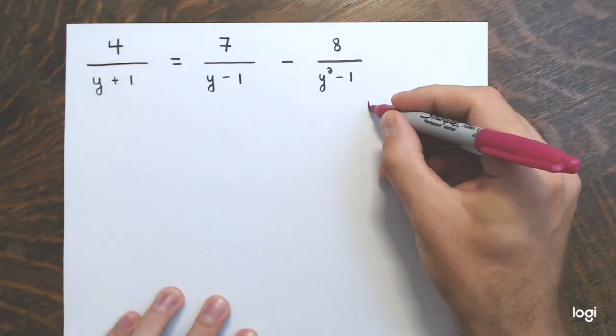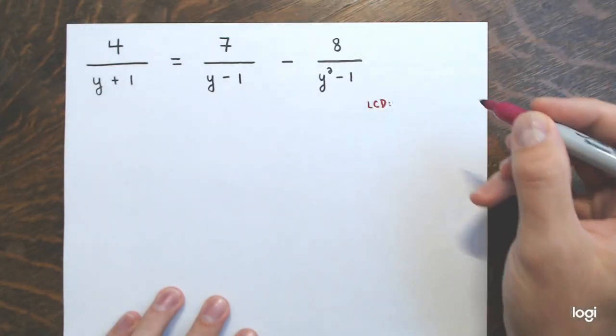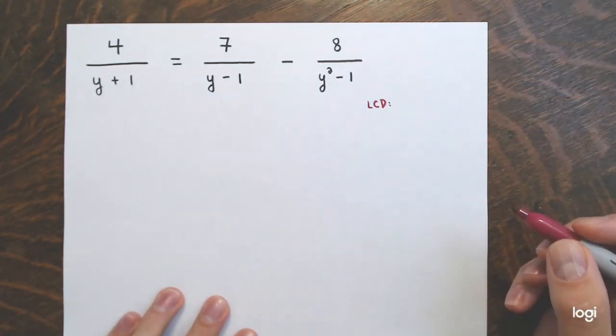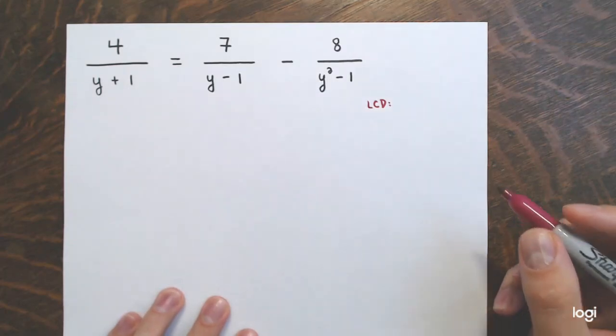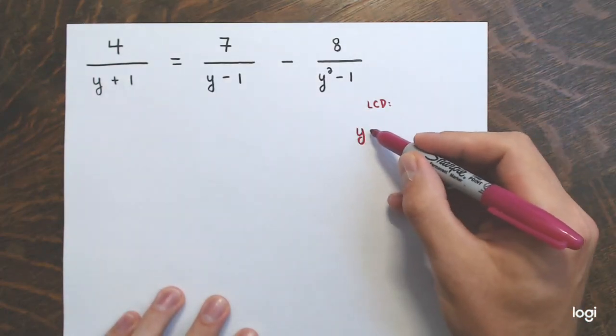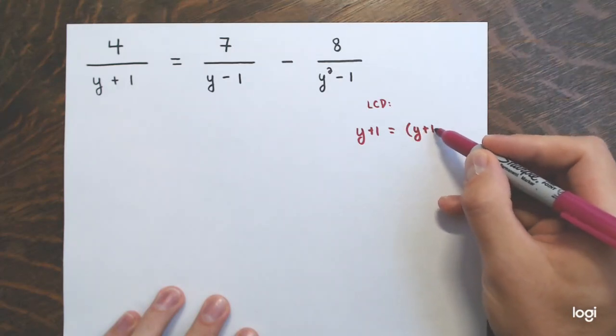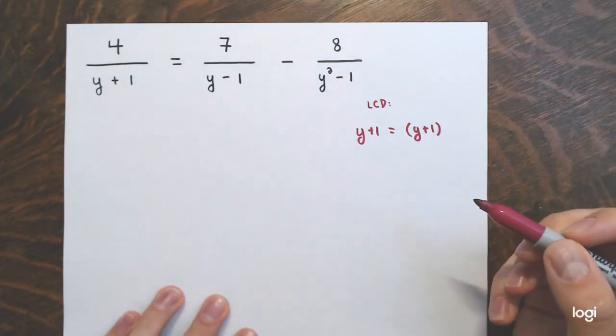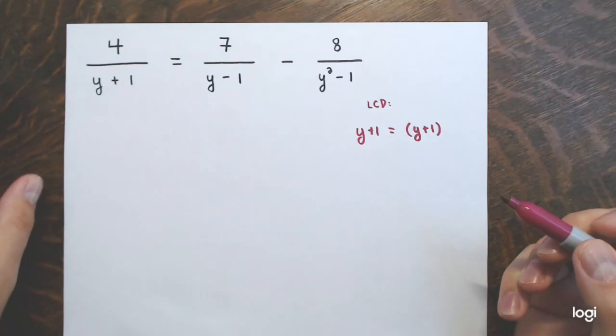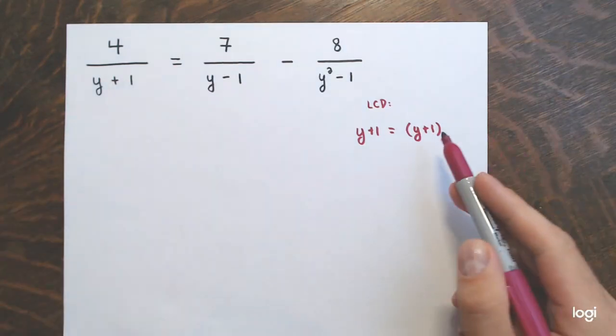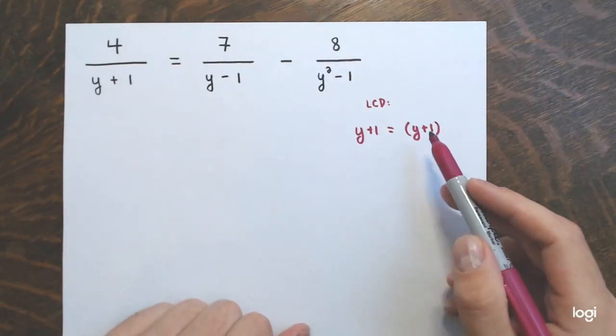All right, so let's find the LCD, the least common denominator or least common multiple of the denominators. The first denominator, y plus 1, that's as factored as it's getting, so the only factor, I like to put it in parentheses if it's got multiple terms, is y plus 1. There's the factorization.